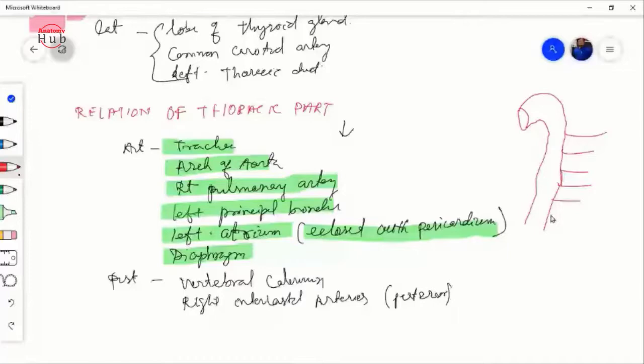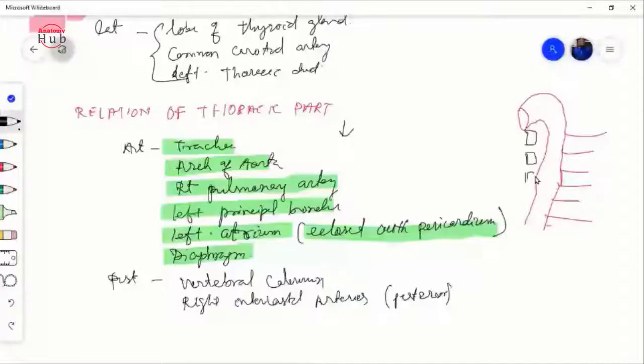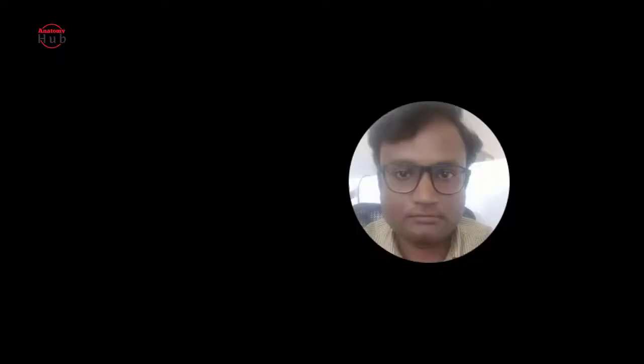But here you will find the vertebral body, and here you will find the esophagus coming this way.